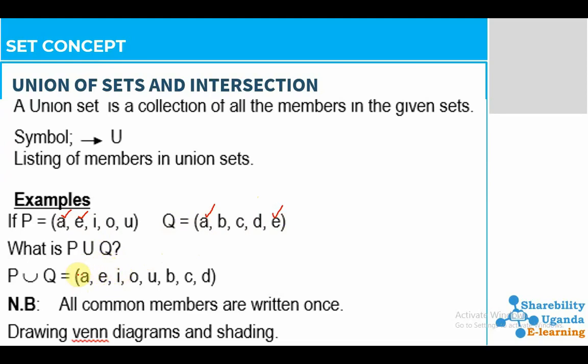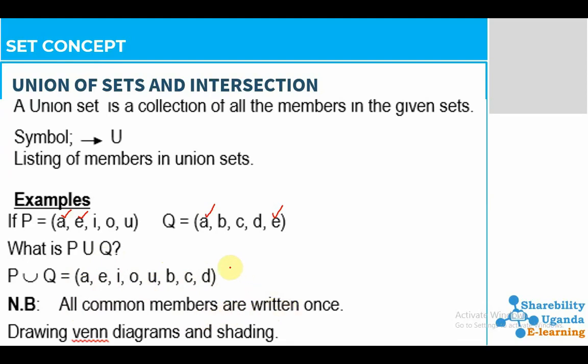Okay, so in writing all of them together, we shall be able to write A, E, O, U, then B, S, then D. Okay, so they write all of them together. They are saying NB, all common members are written once.